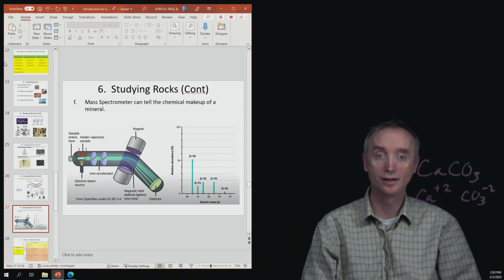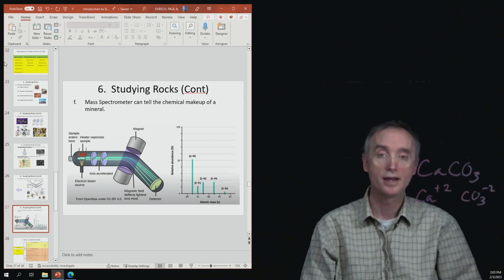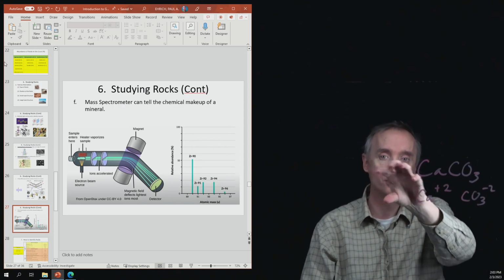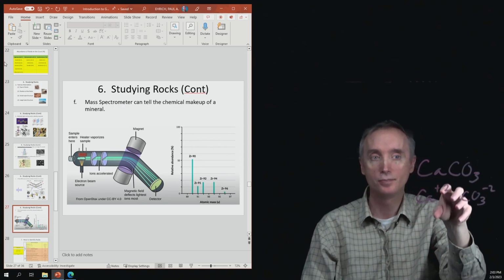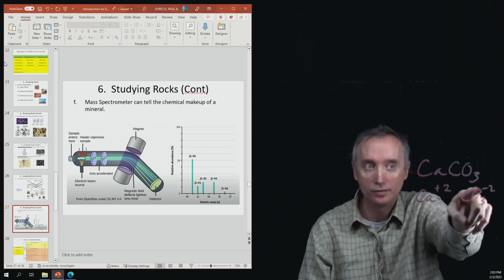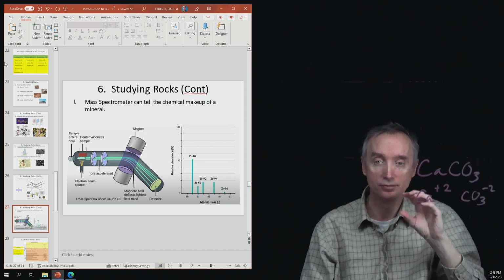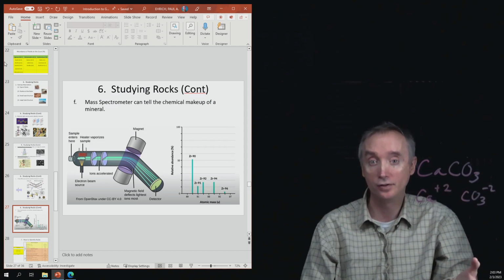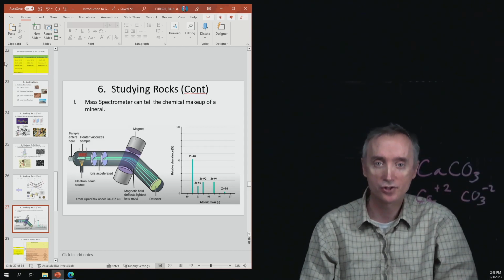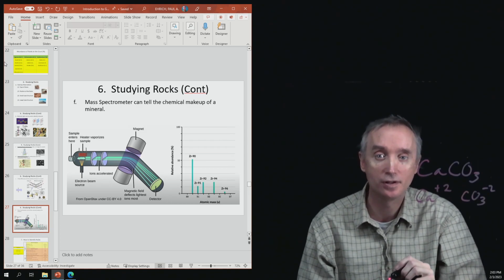So they're going to be electrically charged. When they pass through the magnetic field, depending on how big the chunk is, it's going to bend in that magnetic field. The bigger the chunk, the less it's going to bend.